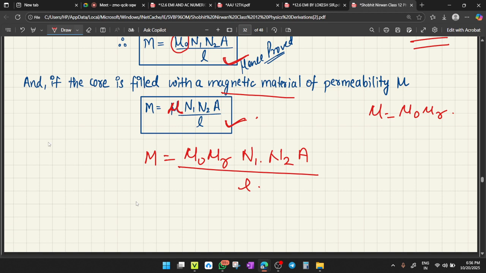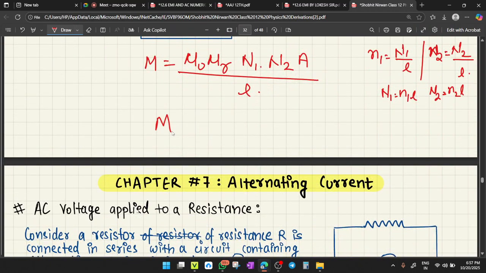One more deduction is there. Small n1 equals the number of turns per unit length, and small n2 equals the number of turns in the second coil per unit length. So N1 may be replaced by n1 L and N2 may be replaced by n2 L. So you can place here the value M equals mu naught mu r.